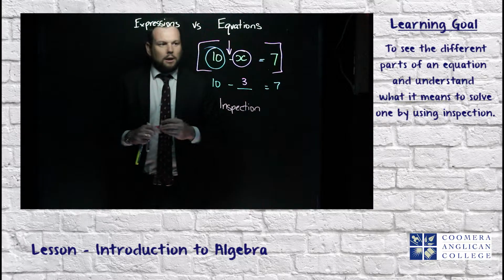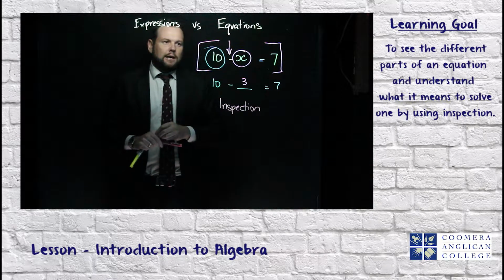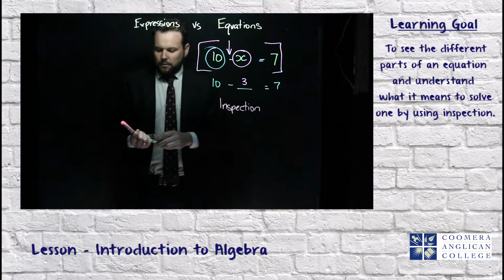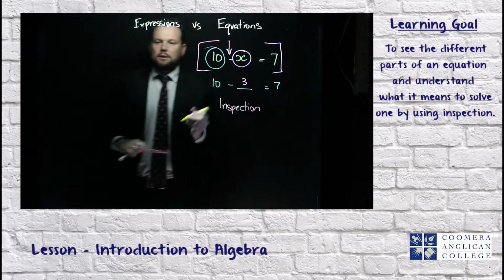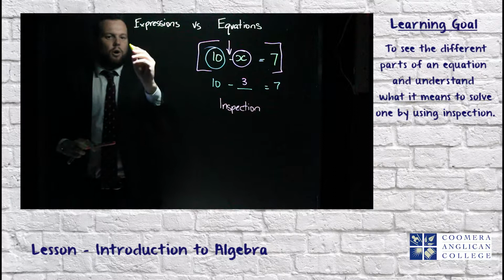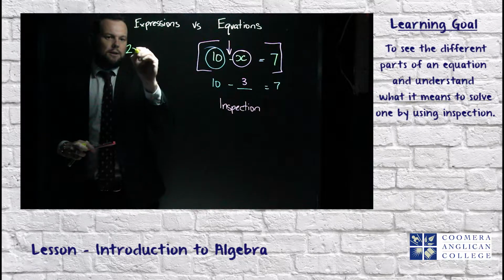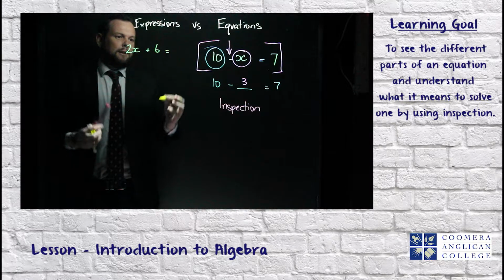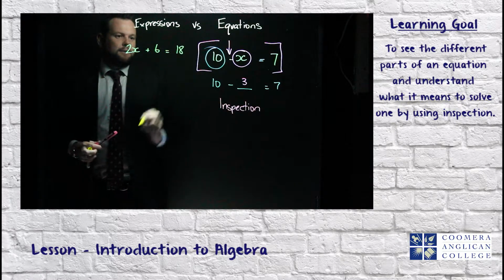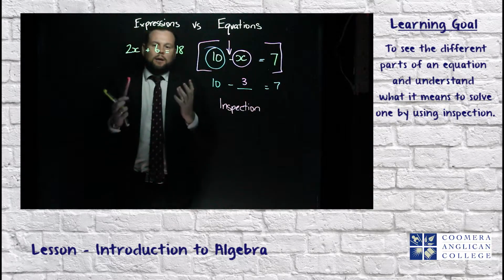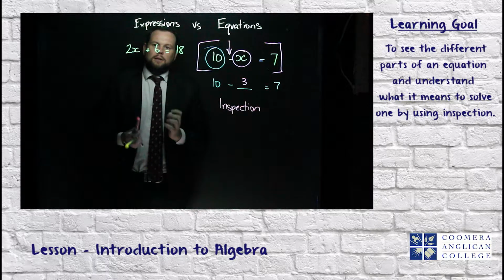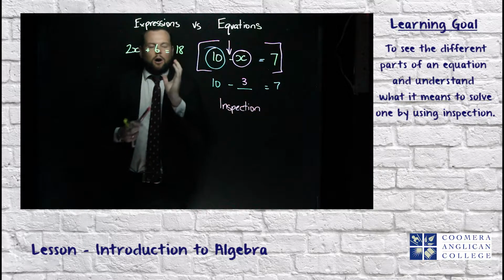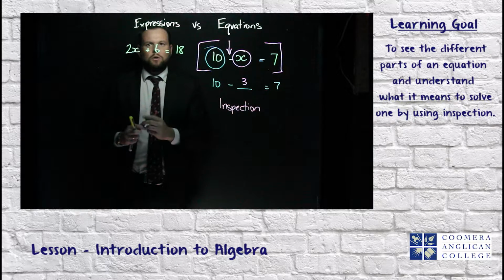There are a few other things that you need to understand about an equation. One is that they're balanced. Let's just say I've got this equation, and let's say that equals 18. It has two sides.